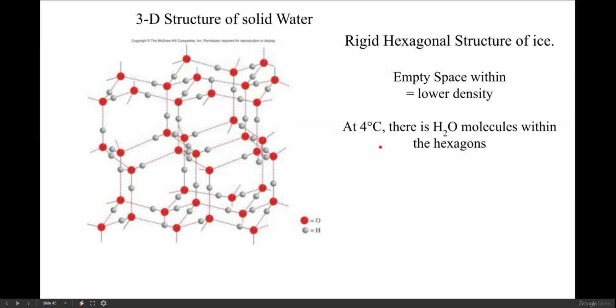However, when it cools down to the freezing point, 0, and it becomes more rigid, the water molecule that was inside this hexagon essentially gets popped out. Since now it's more like an empty box and that water molecule has to go somewhere, it's taking up more space. Again, because an empty box is less dense than a box that has something in it.